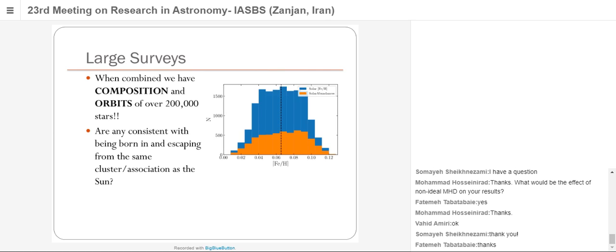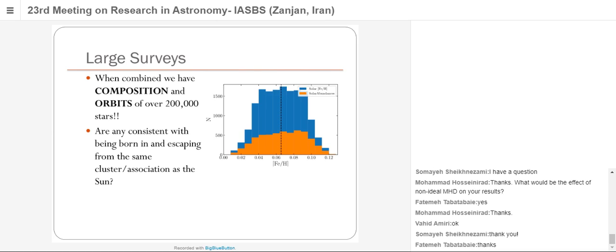If you just look at their chemical composition, here just looking at metallicity, you can see that there are about 19,000 stars in this data set with near solar metallicities. Note in this image, solar metallicity is not at 0. This has to do with how APOGEE calibrates metallicities, so the solar metallicity in this case is a little over 0.06.